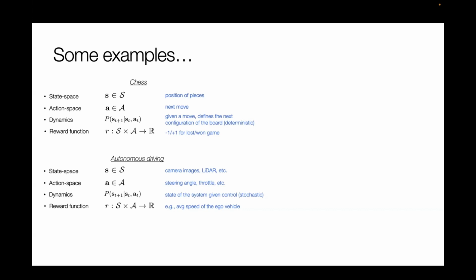The dynamics in this case could be stochastic at some level of abstraction, whereby it is hard to deterministically predict where the car will end up in future time. And the reward function, if we are assuming we want to win a specific race, could be the average speed of the ego vehicle over the circuit, for example. But again, hopefully this made the terminology a little bit more concrete.